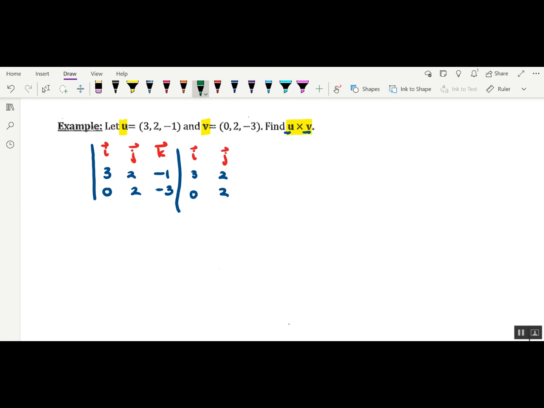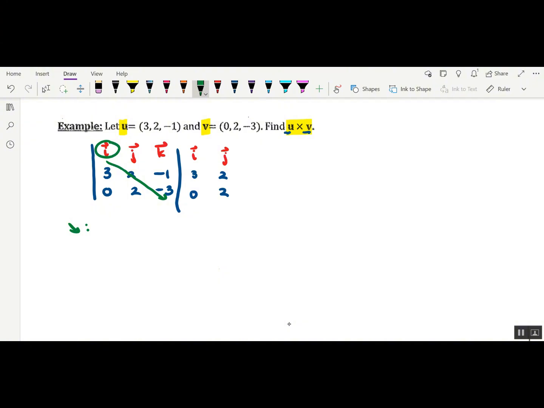So you might remember that we have to form some diagonals, and that's the whole point of putting these additional two columns here. We're going to have some diagonals going down and to the right, starting with the first entry in row 1. We take the vector i and multiply it to these other diagonal entries, 2 and -3.